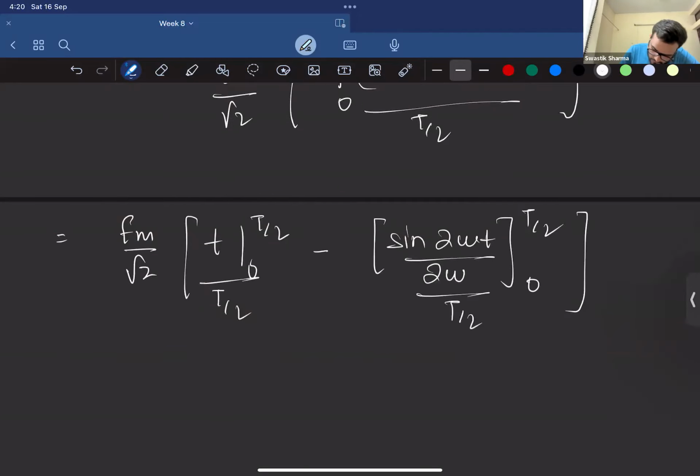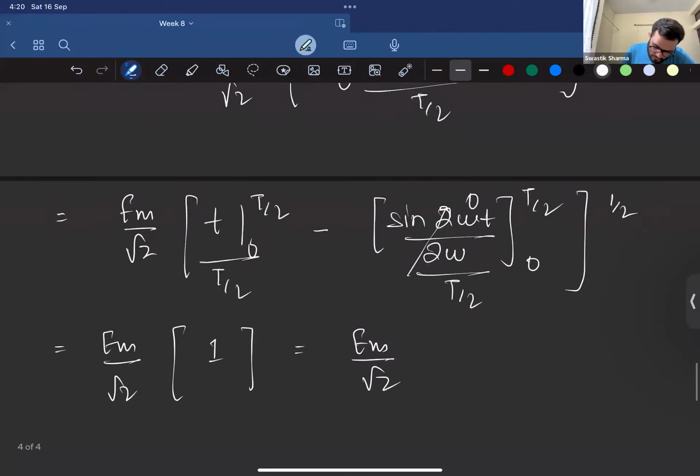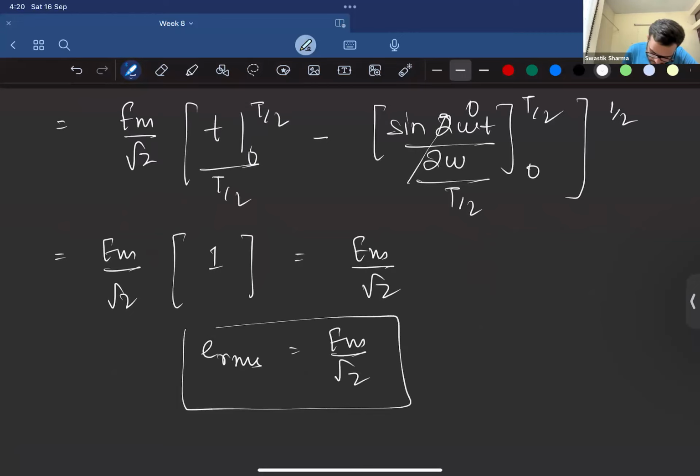So what's this value? This would come out to be 1. And what is the sin 2ωt from 0 to T by 2? This is 0, right? So the RMS value is nothing but Em by root 2.